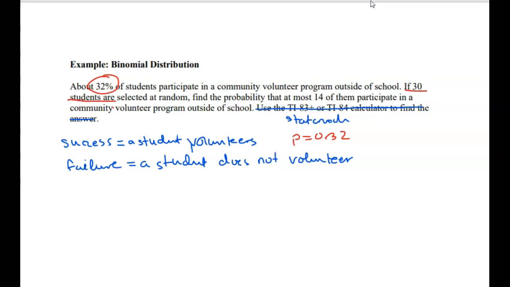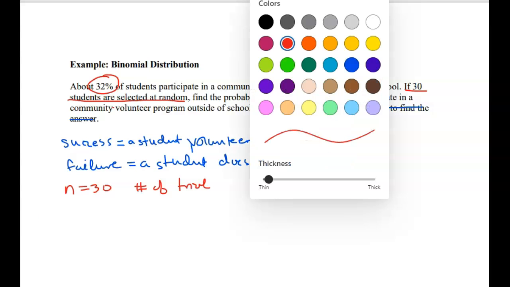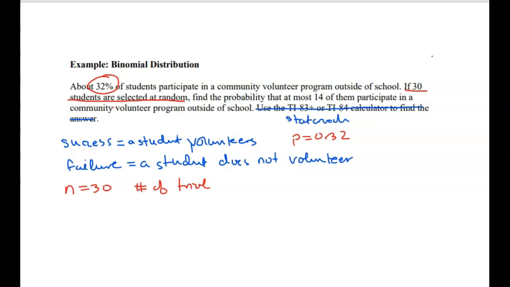30 students are selected at random, so we have n equals 30. This is the number of trials of the experiment. We want to find the probability that at most 14 of them participate in the volunteer program. So we're going to find the probability that x is less than or equal to 14.